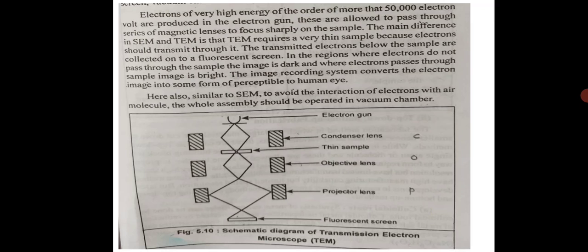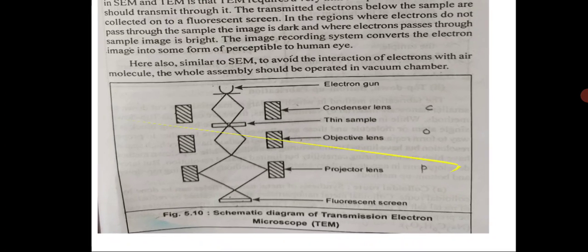Here also, similar to SEM, to avoid the interaction of electrons with air molecules, the whole assembly should be operated in a vacuum chamber. In figure 5.10, we can see the schematic diagram of transmission electron microscopy: electron gun, condenser lenses, thin sample, objective lenses, projector lenses, and fluorescent screen.